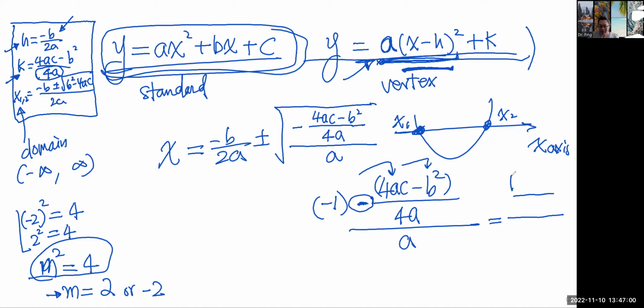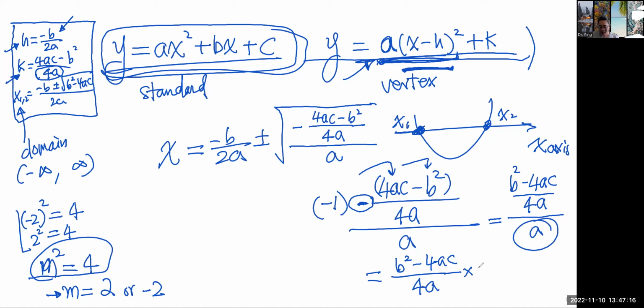So we actually get (b squared minus 4ac) over 4a, divided by a. Then we change that to (b squared minus 4ac) over 4a times the reciprocal, which is 1 over a. So we get (b squared minus 4ac) over 4a squared. Remember, that's how we got there.